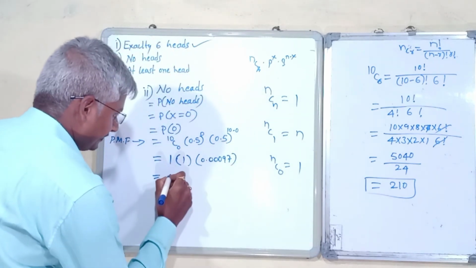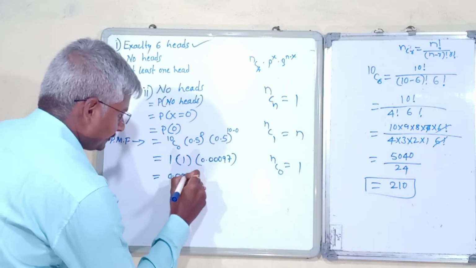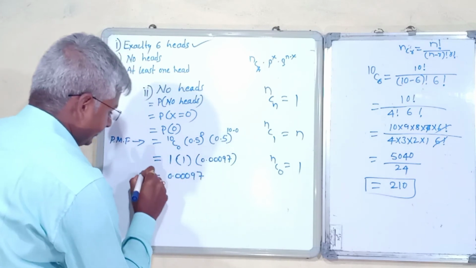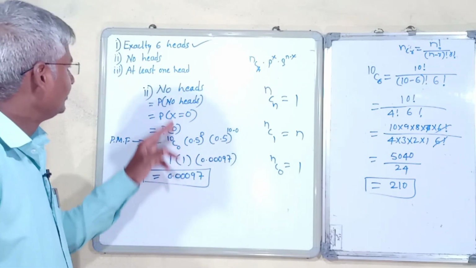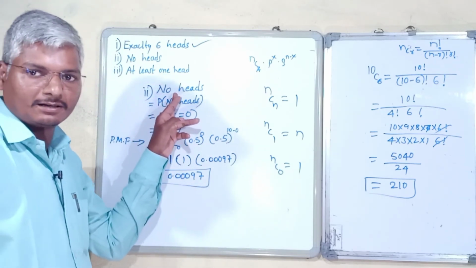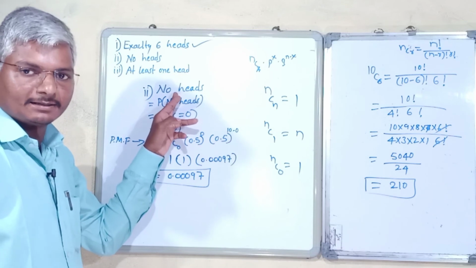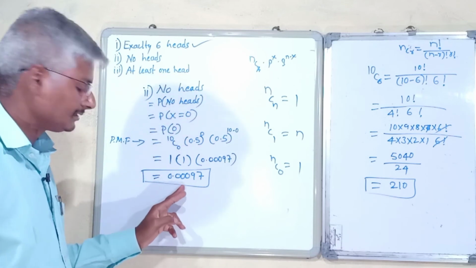If you simplify this, you get 0.00097. So this is the probability that no heads will occur out of 10 coins.